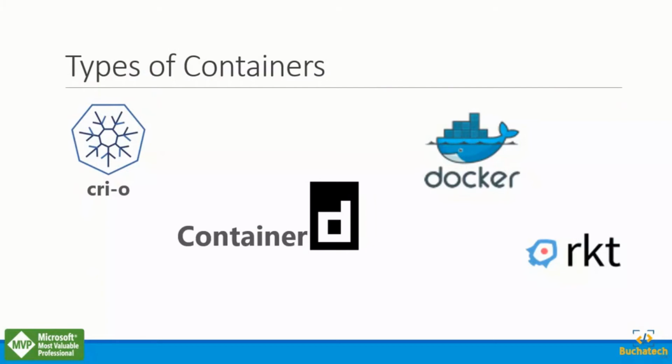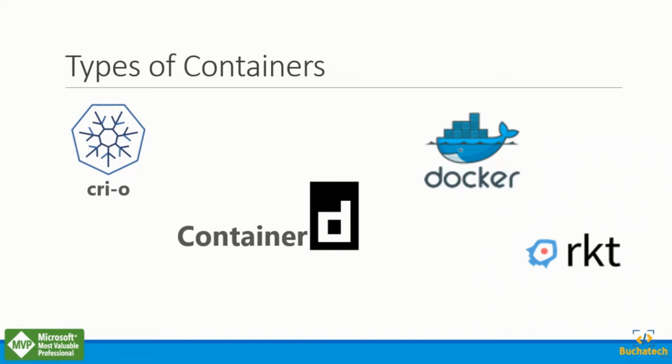Now, some of the types of containers out there. There are many different runtimes for containers. The most common and most popular is Docker. You've probably heard of Docker, and you will continue to hear of Docker. There are other container runtimes out there, though. Some that are gaining in popularity are CRI-O, and this is actually owned by SUSE.